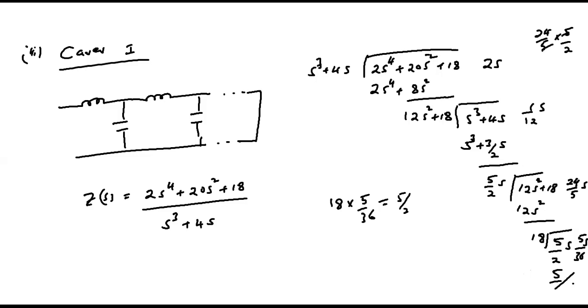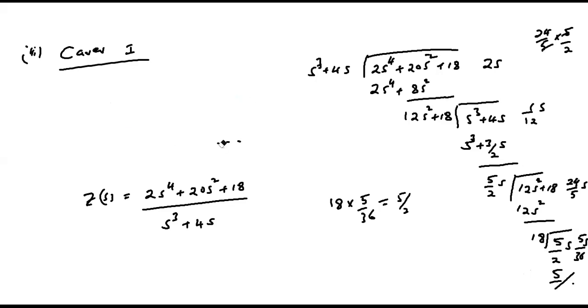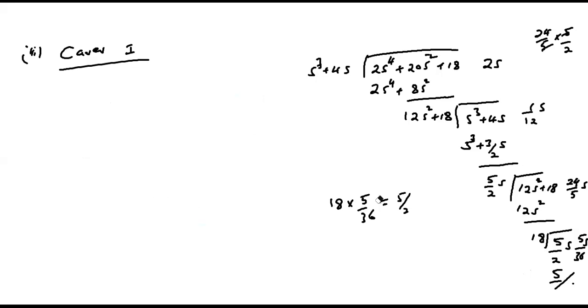From this, we can draw our network as follows. The first term will give us an inductor in series whose inductance is 2 Henry. Notice we compare this with SL, and the inductance will be 2 Henry.